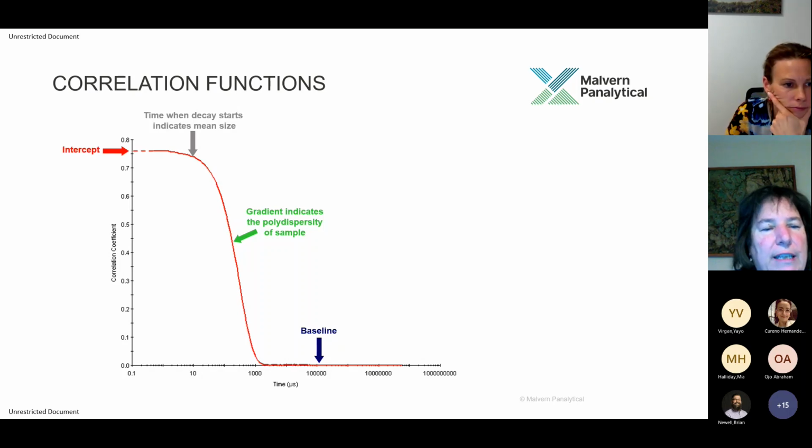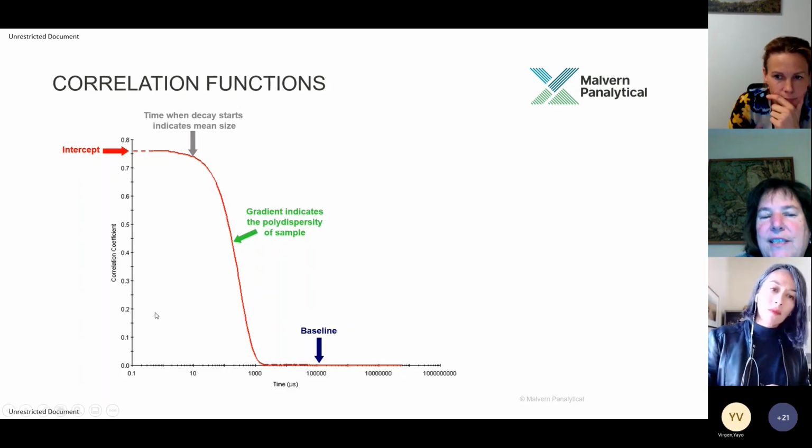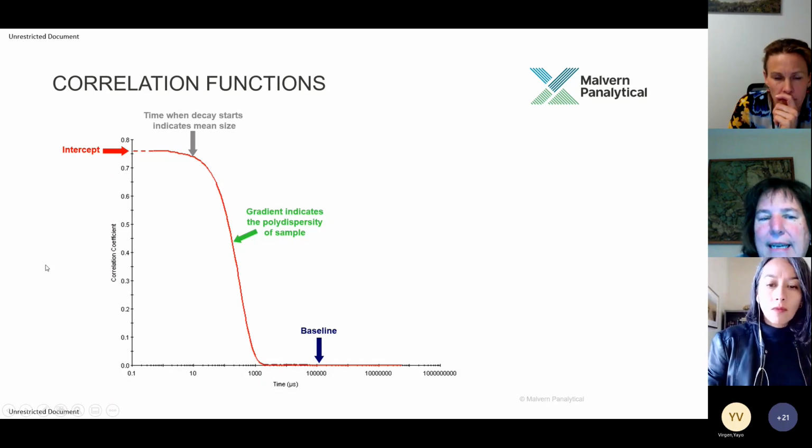The fourth feature that I look for in the correlation function is the intercept. The y-intercept, how high that is, tells me how much signal to noise I have in my data.